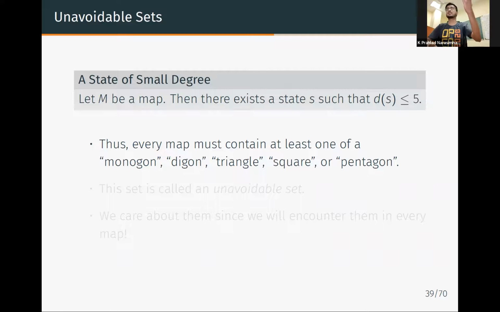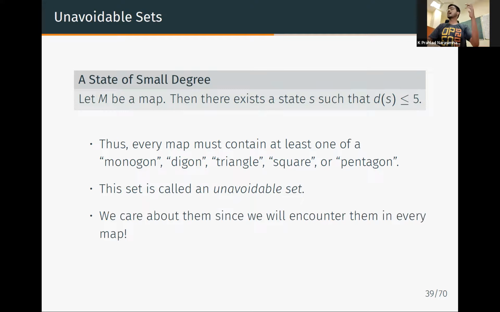Right? That's what this theorem says. It says that whatever map you give me, at least one of these things must exist. Therefore, this set, a monogon, digon, triangle, square, and a pentagon, is called an unavoidable set. And why do we care about them?